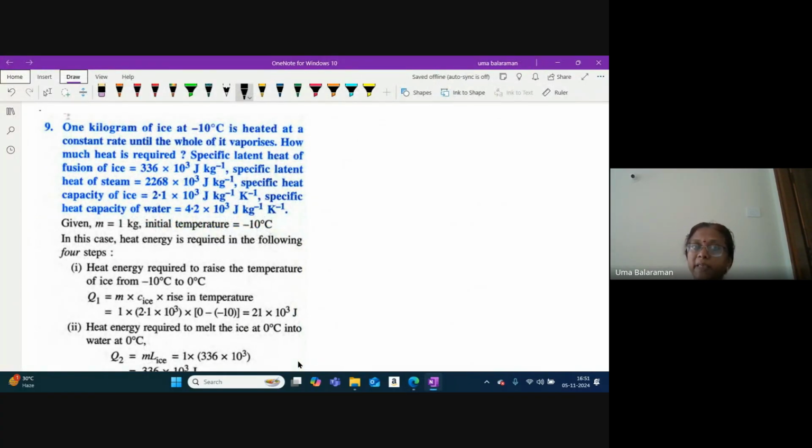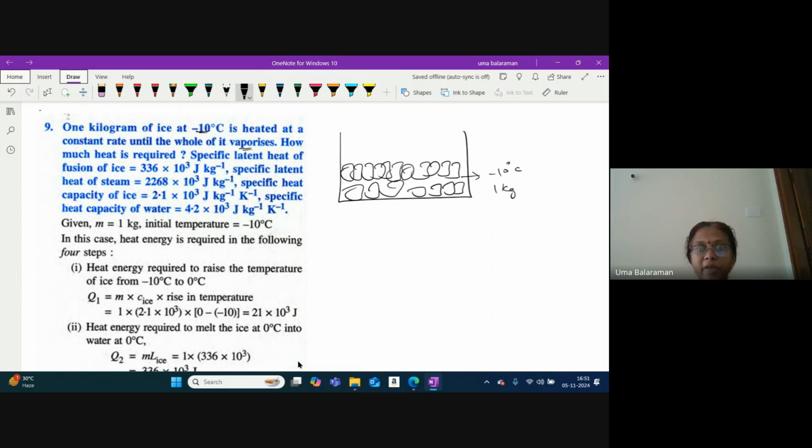1 kilogram of ice at minus 10 degrees Celsius. It should become 0 degrees Celsius ice, and only then it should melt until the whole of it vaporizes. How much heat is required? They are taking 1 kilogram of ice, frozen at minus 10 degrees Celsius. Everywhere it is given as kg, so we can keep it in kg itself.